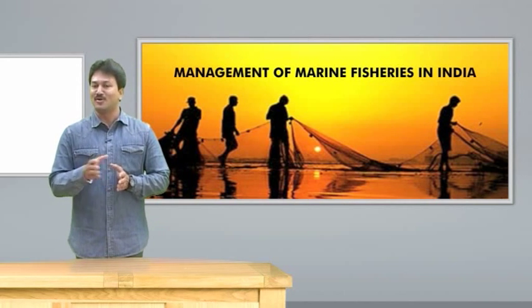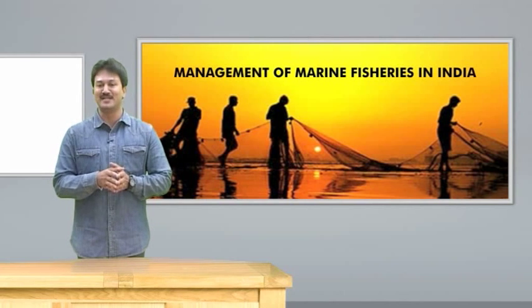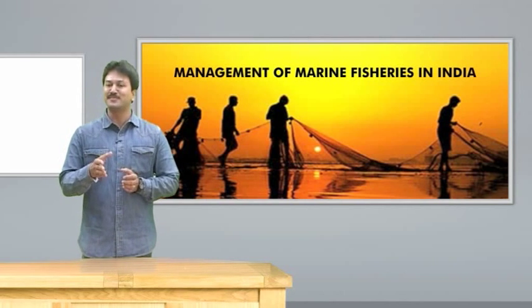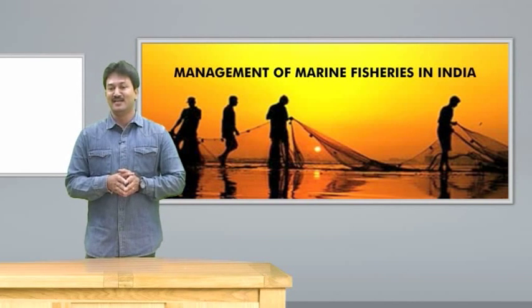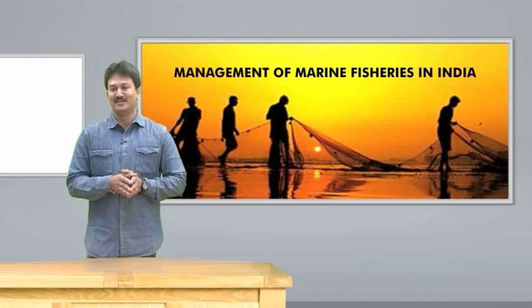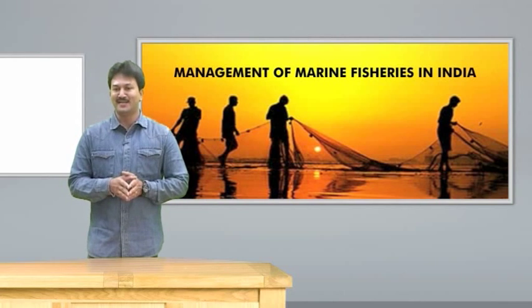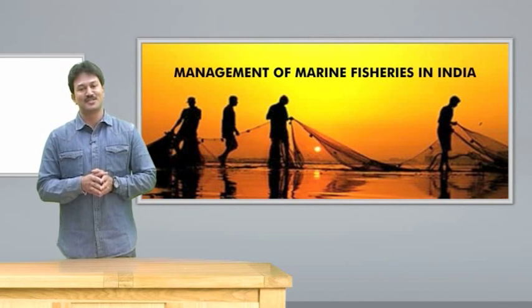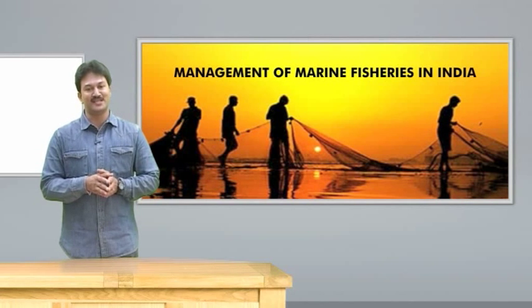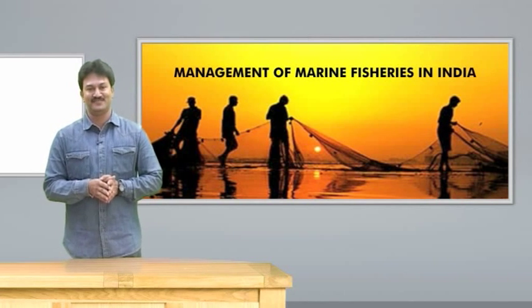protection of important coastal habitats such as mangroves and estuaries, and resource enhancement programs such as sea ranching, artificial reefs, etc., and efficient fish storage, distribution, and marketing systems to ensure steady prices for the fishes caught and minimize wastage of valuable protein food.